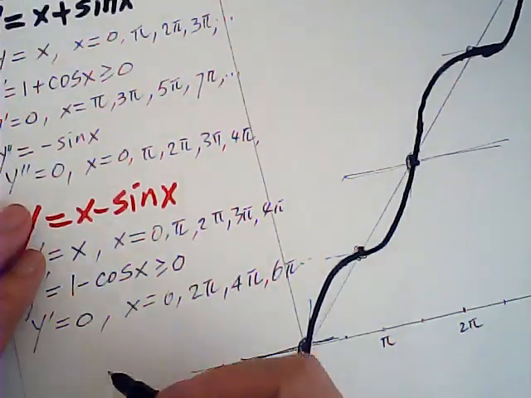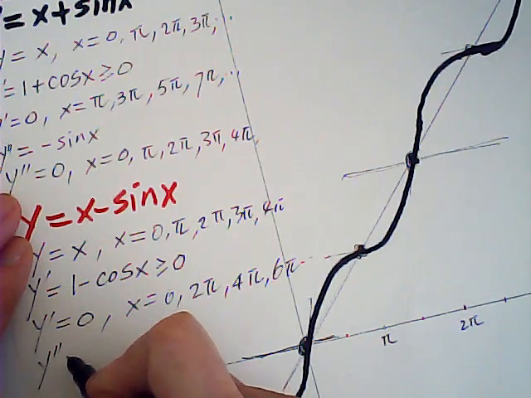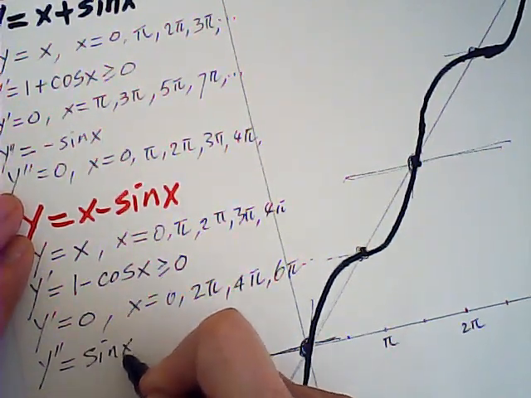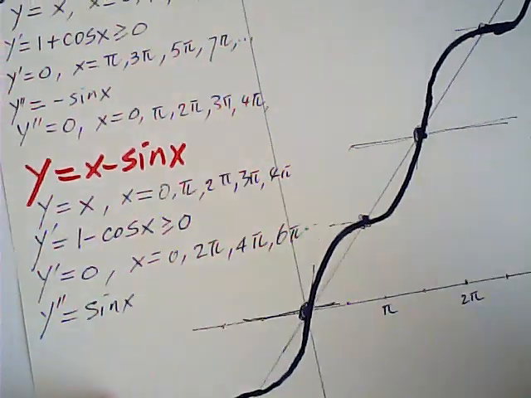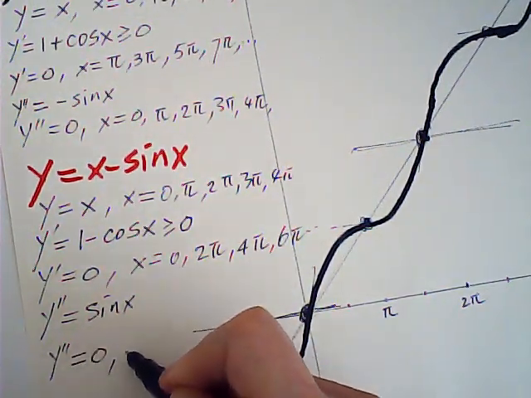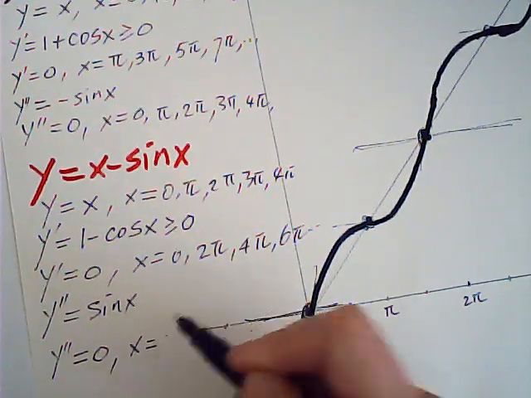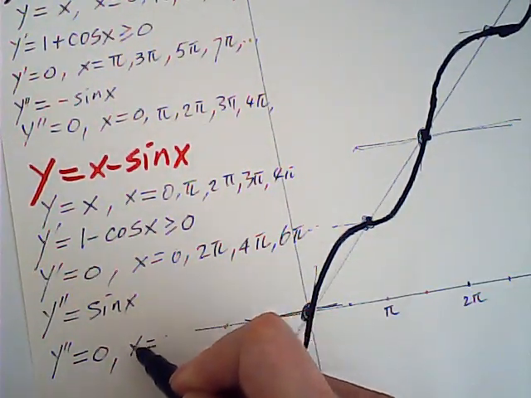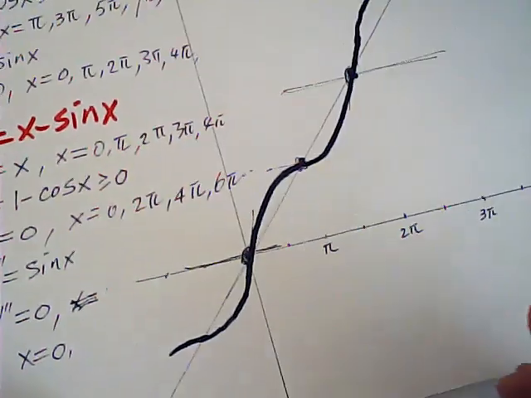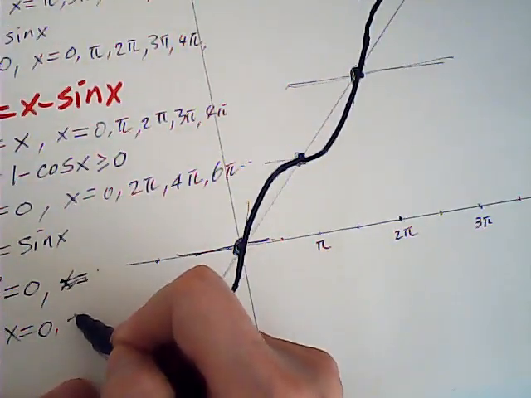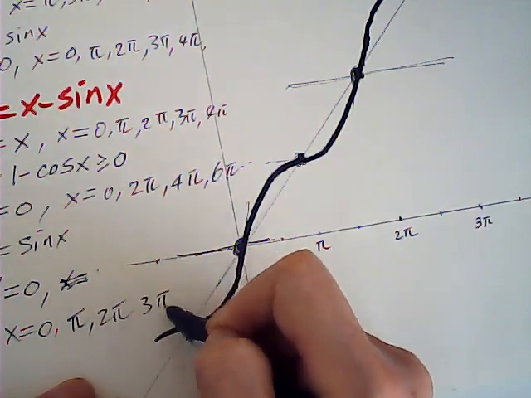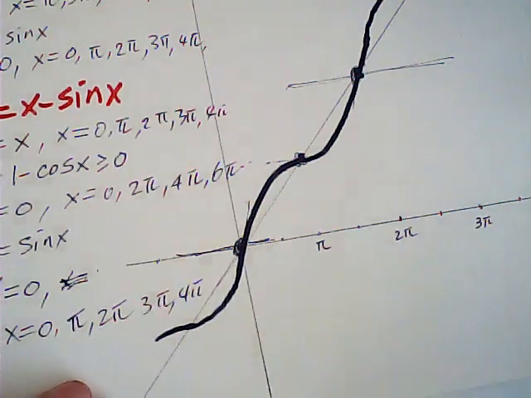Well, then the second derivative is a positive sine x, and second derivative equal to 0, x is equal to 0, pi, 2 pi, 3 pi, 4 pi, and so on.